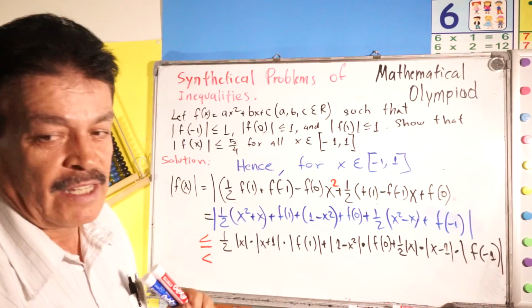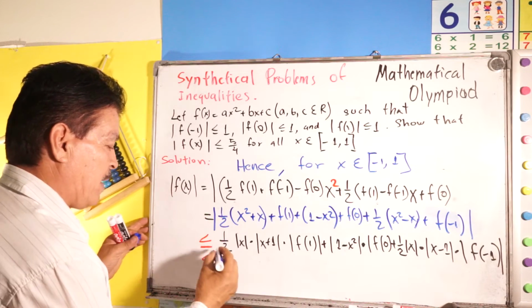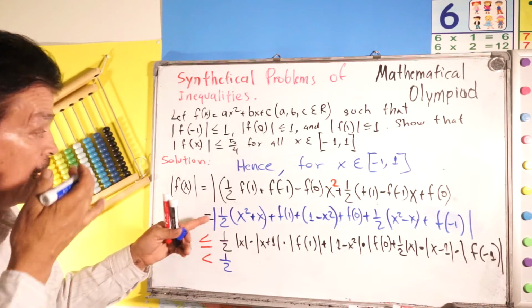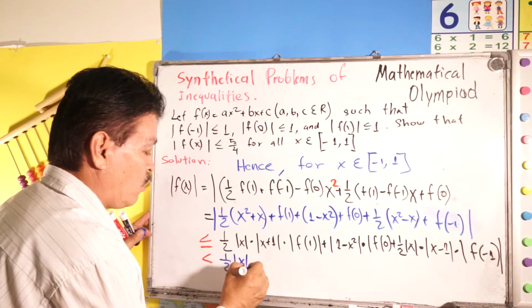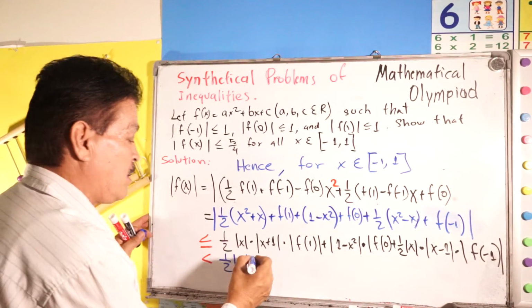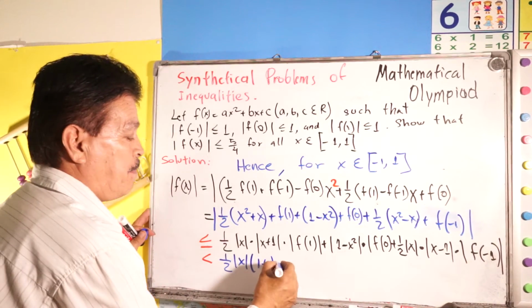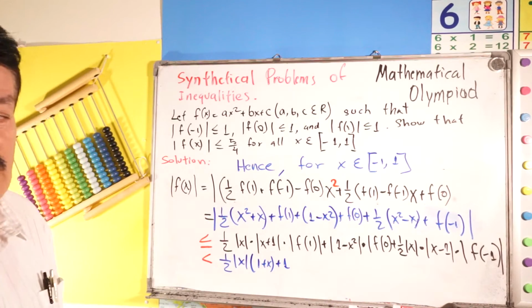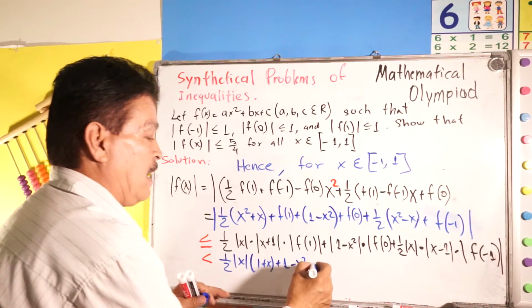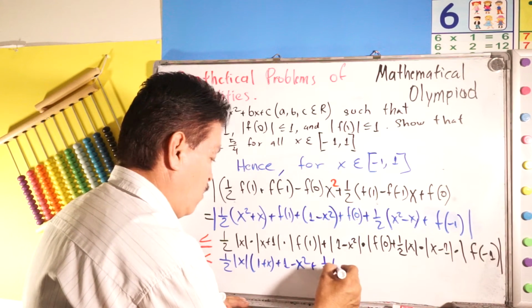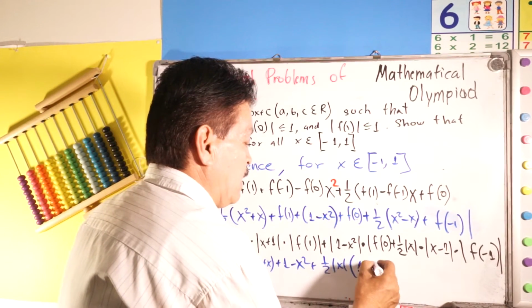So now it's again 1/2 of the absolute value of x times 1 plus x, plus 1 minus x squared, plus again 1/2 of the absolute value of x times 1 minus x.